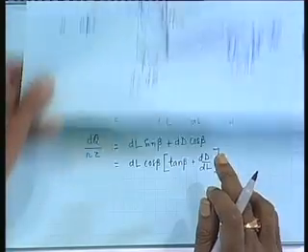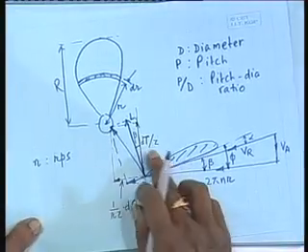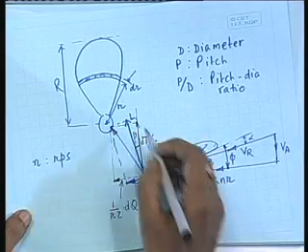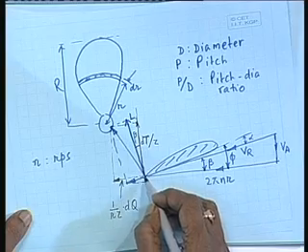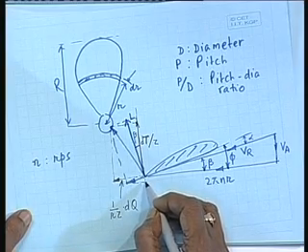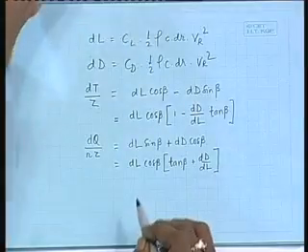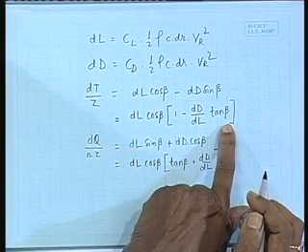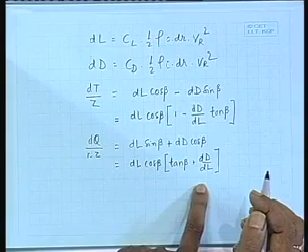From here I have taken, you can see that dT by z will be this dL cos beta minus dD sin beta, isn't it? That is what I have written here, and I have just simplified it in a particular manner.